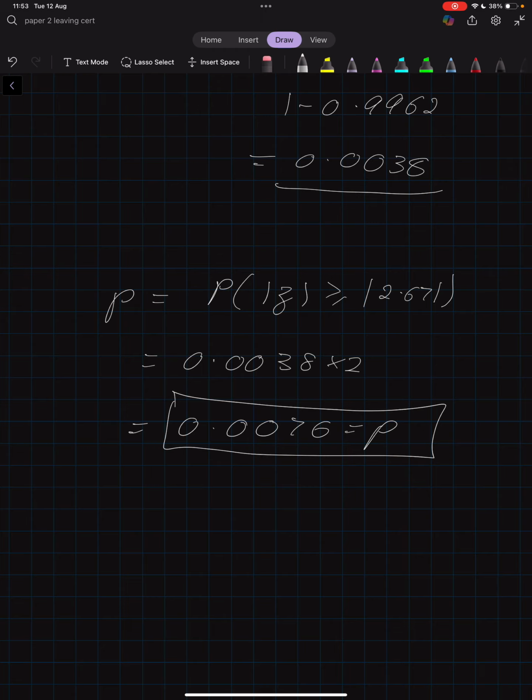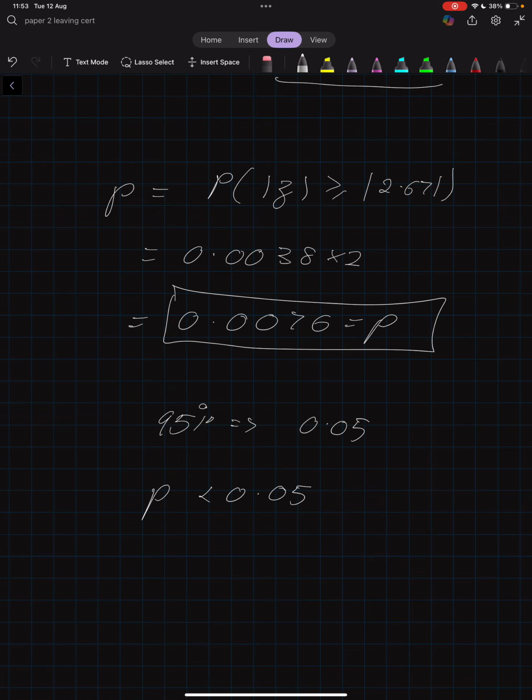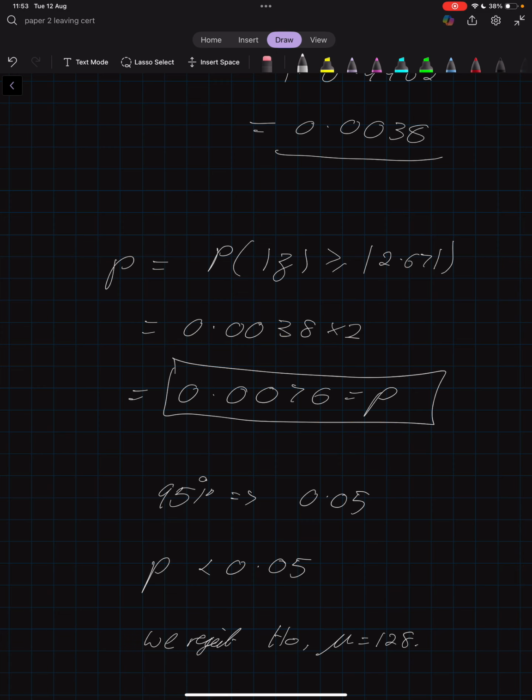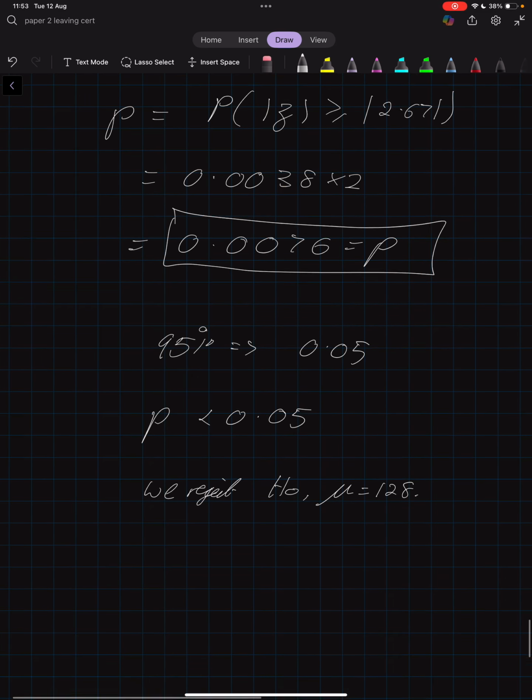The significance level is 95%, which is the same thing as 0.05. So your p-value is less than 0.05, and therefore we reject that mu is equal to 128. Basically, if your p-value is lower than 0.05, you reject it.